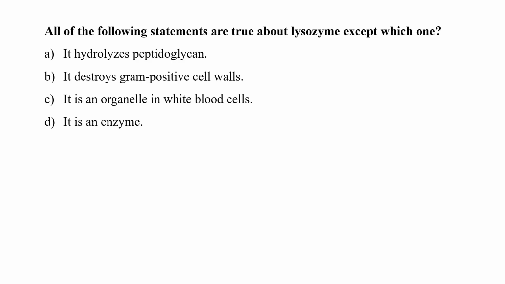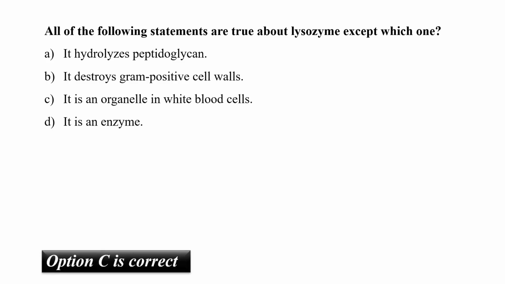The peptidoglycan layer is comparatively more abundant in gram-positive than gram-negative bacteria, and hence lysozyme is very effective against gram-positive bacteria. As far as the third option is concerned, that it is an organelle in WBCs is the incorrect statement about lysozyme. So option C is the correct answer.